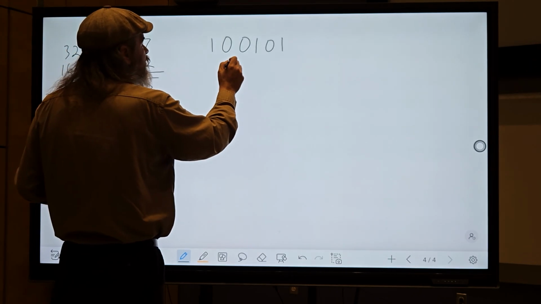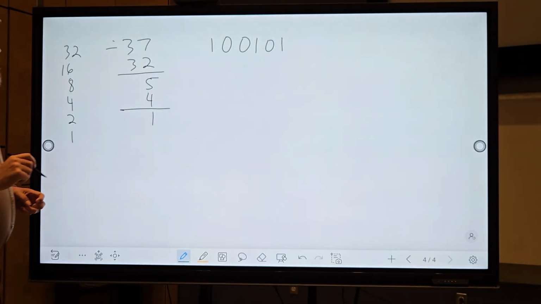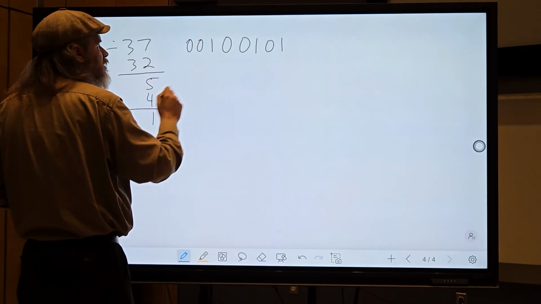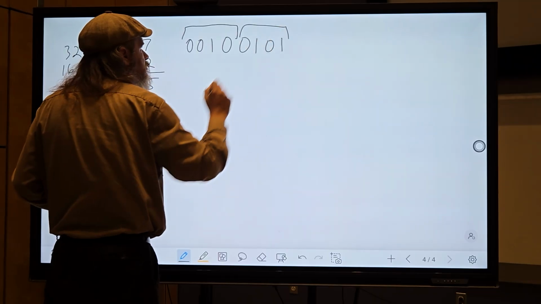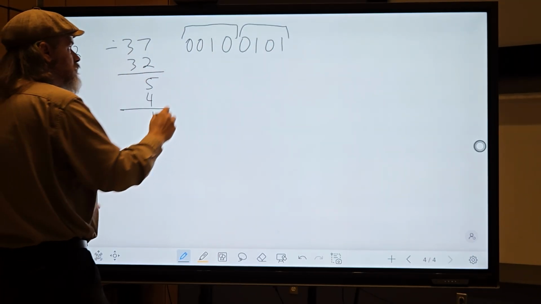So 2's complement requires groups of 4. So add leading zeros here to make a group of 4. Group of 4. Invert the bits.